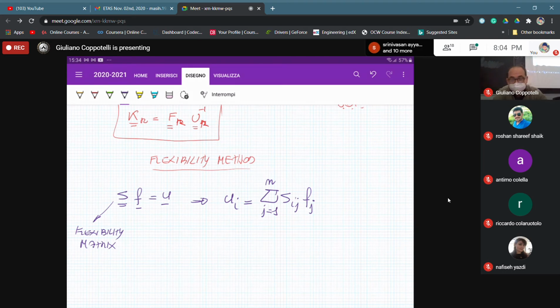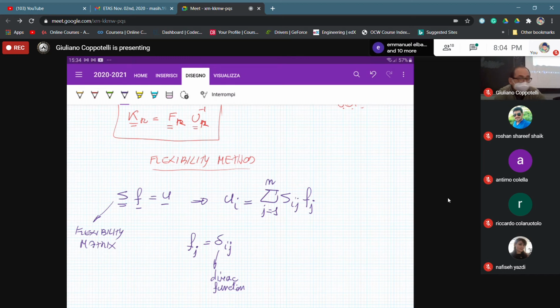So, for example, if we load the structure with a j load component equal to Dirac delta, Ej, the Dirac function, that is equal to 1 when the two subscripts are the same, and otherwise 0, we are just loading the structure in one point and only that point.